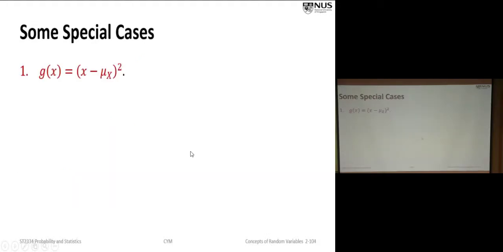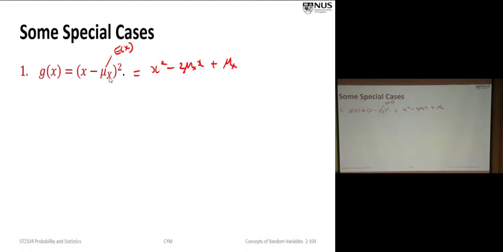Okay, special case. Suppose g of x is defined as x minus mu x, squared. This is a function of x. How about mu x? Mu x is just a constant. If you remember, we defined it as the expectation of x. So this is a function of x, or you can write it as x squared minus 2 mu x times x, plus mu x squared.